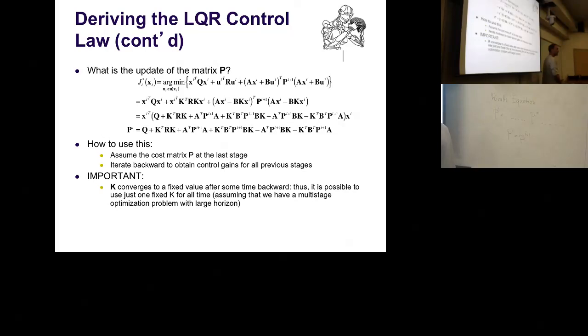If you do this, then you can figure out what the gains are at this converged stage, and also what P is at this converged stage. And what turns out in all these LQR problems is that you just sweep about 30, 40 steps backward and you figure out that your gains K converge and your matrix P, the cost to go, converges.